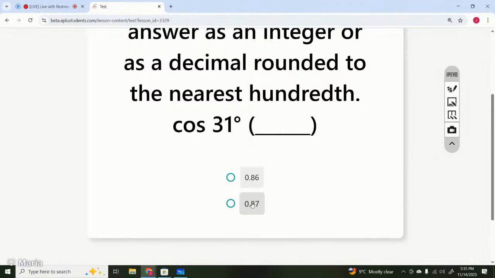So let's just evaluate cos 31. We have the cos button on the calculator, that is cos 31, that is 0.86. Option number 1 is the correct option.